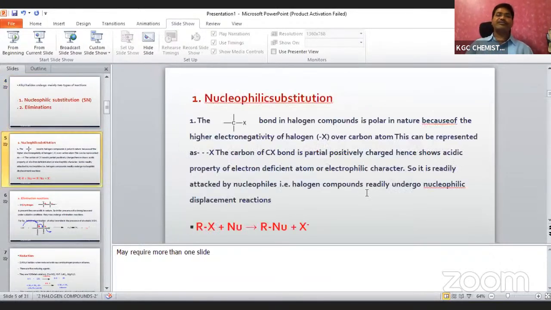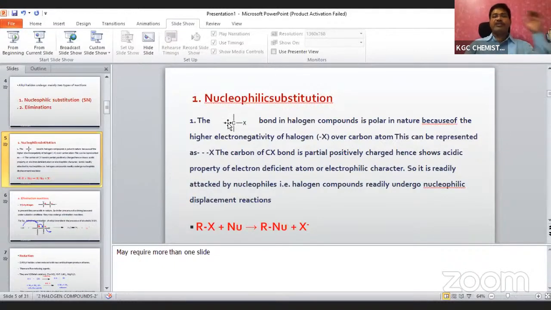Let us see this one. Nucleophilic substitution reaction. The bond in a halogen compound is a polar bond, that is, the carbon and halogen. Here there is a carbon, and here there is a halogen.